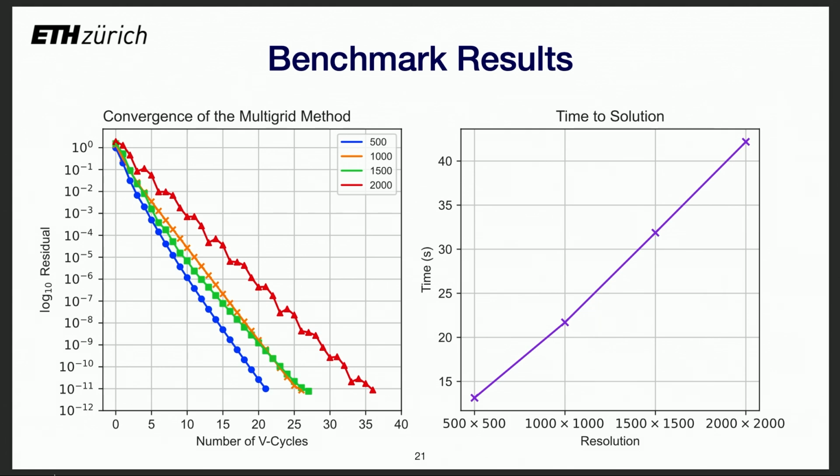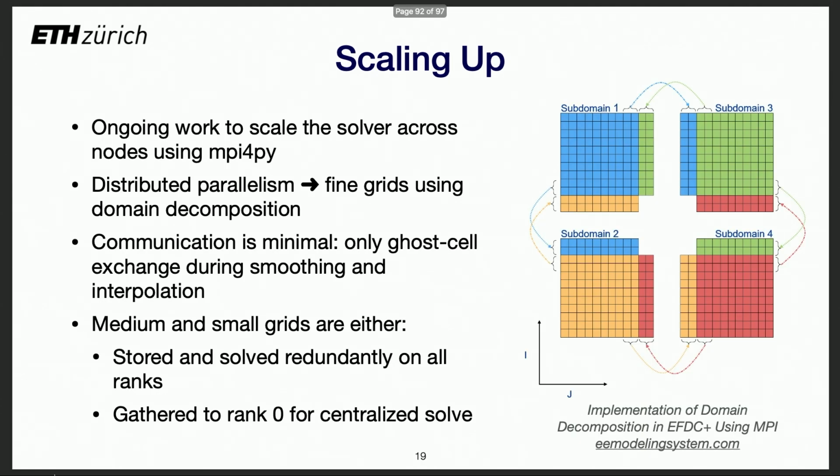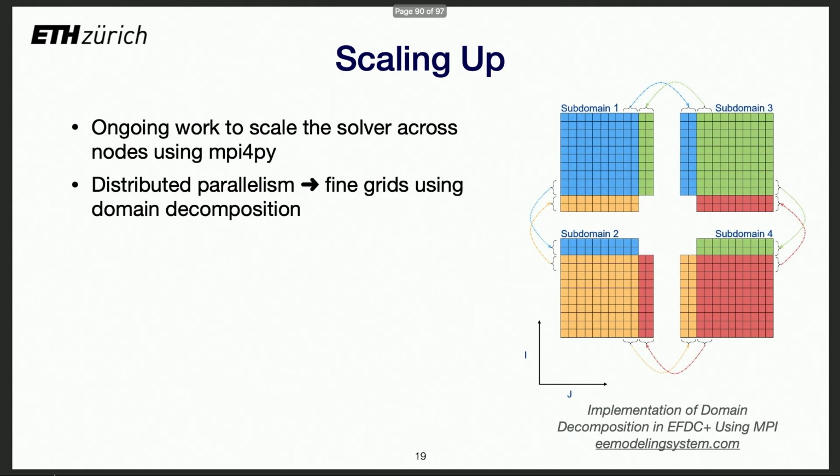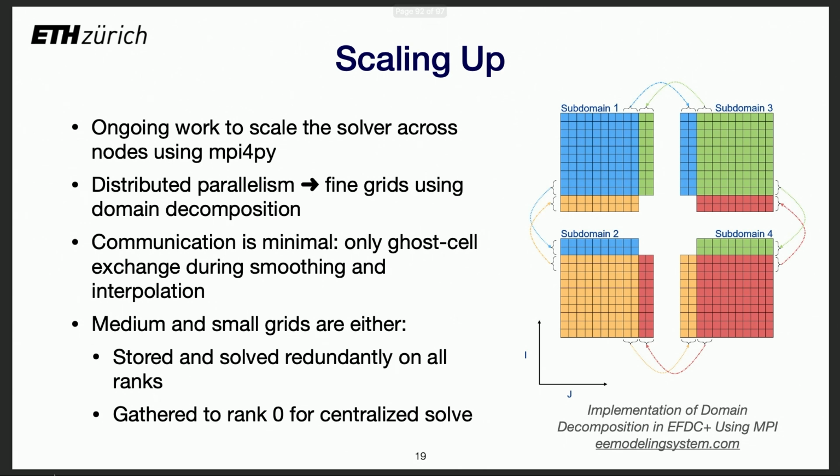What I've noticed is that on CPUs, once you get smaller than about 500 by 500, it starts to scale poorly, and on GPUs you likely need at least 1500 by 1500 to get a substantial performance improvement.